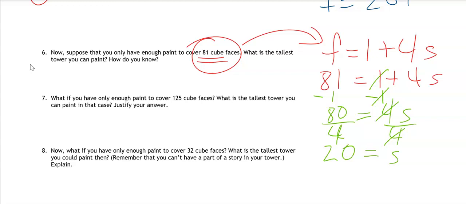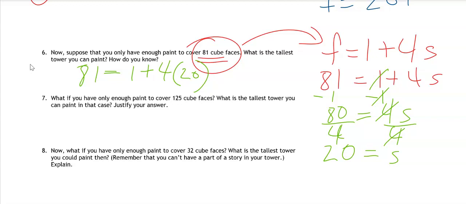Well, we know for sure because 81 is equal to 1 plus 4 times 20. 4 times 20 is 80 plus 1 is 81. There you have it. There's your justification.